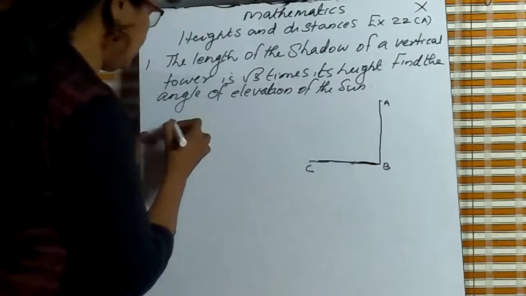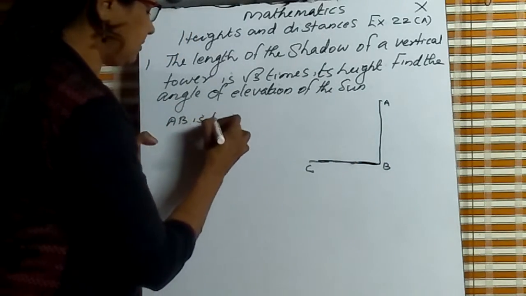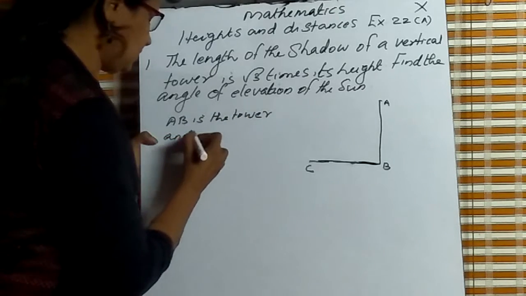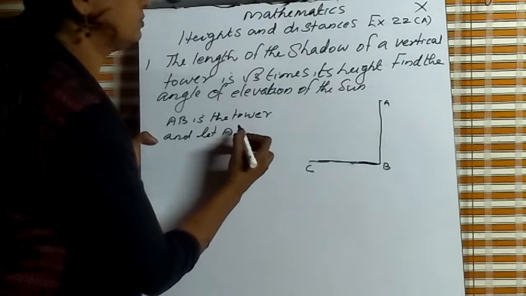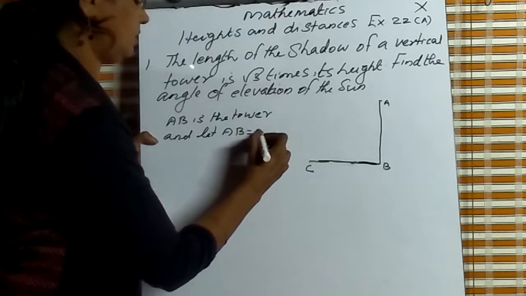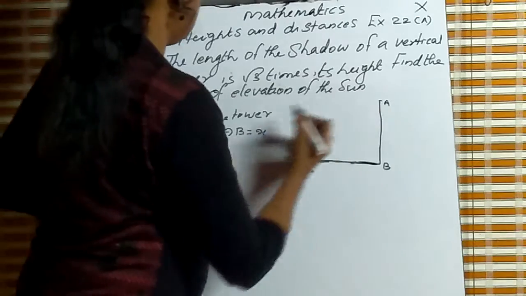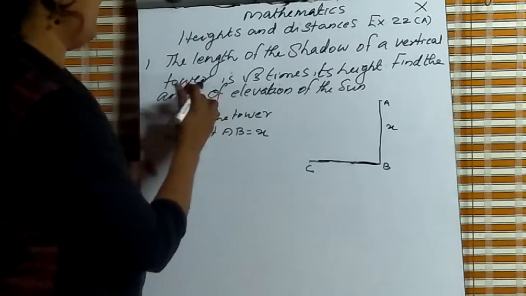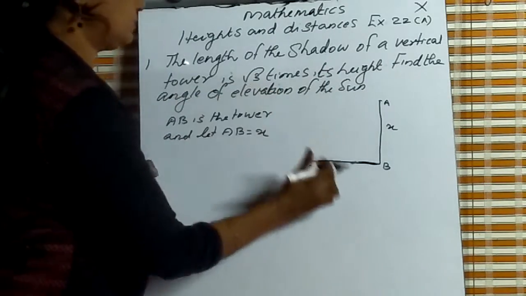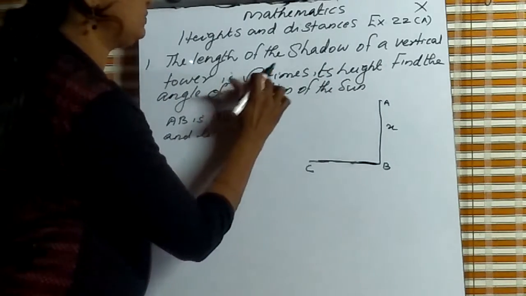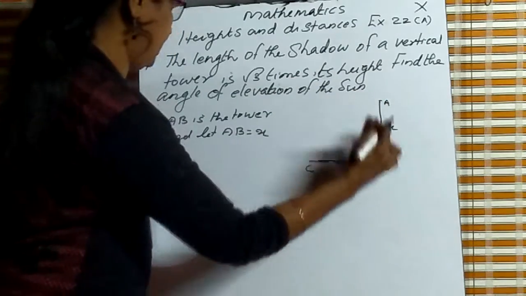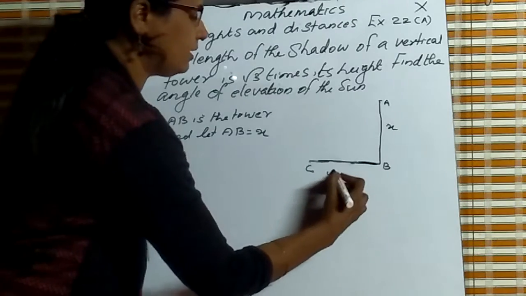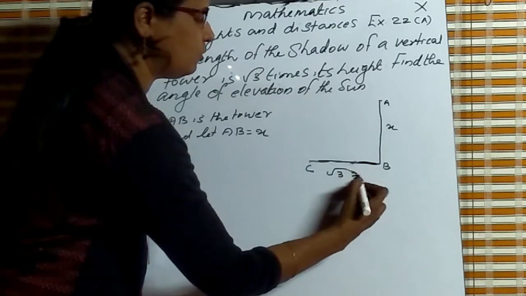AB is the tower, and let AB be equal to X. Then its shadow is root 3 times its height. AB is the tower and its height is equal to X. Then BC is equal to root 3 into X.